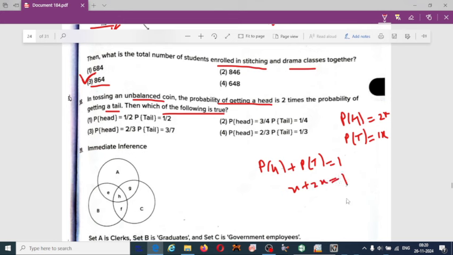Then x equal to 1 by 3, and head is 2 times the probability of tail, so 2x equal to 2 by 3. Then the 4th option is correct here.